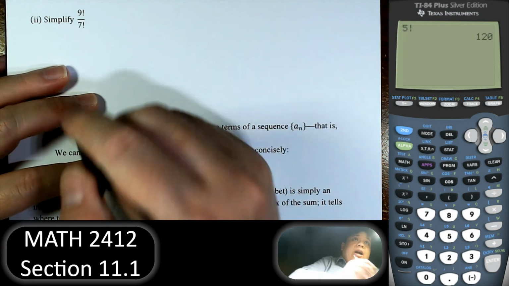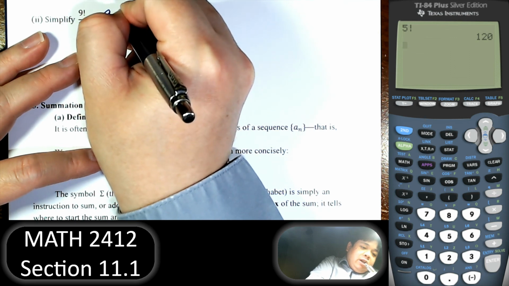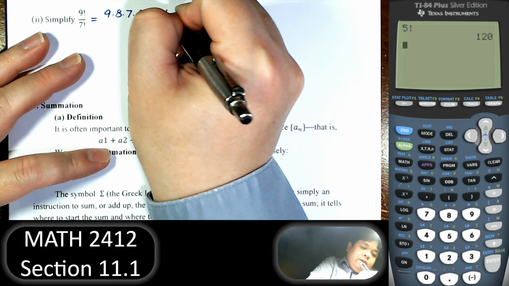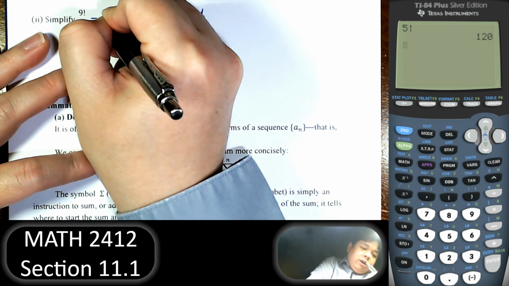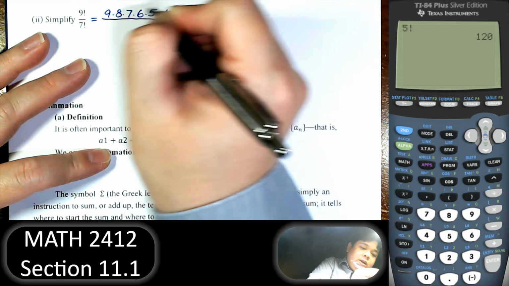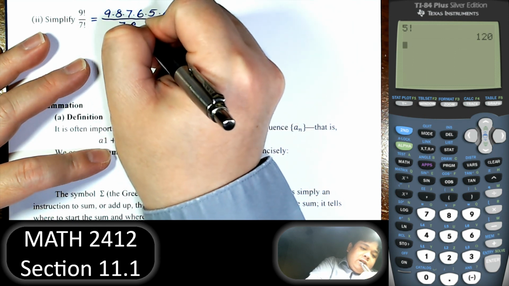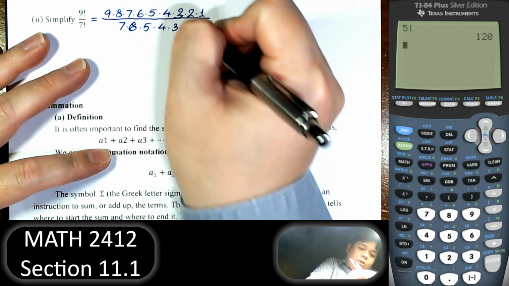Now if we want to do this by hand, 9 factorial means 9 times 8 times 7, 6, 5, 4, 3, 2, 1. And 7 factorial is 7, 6, 5, 4, 3, 2, 1.